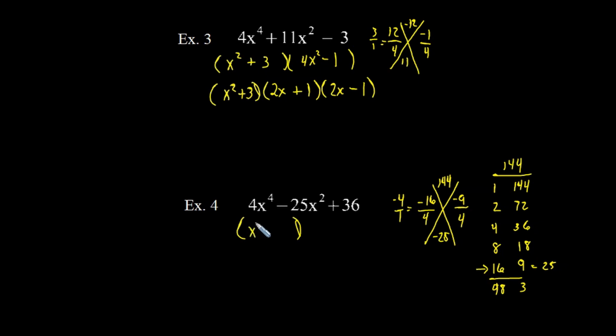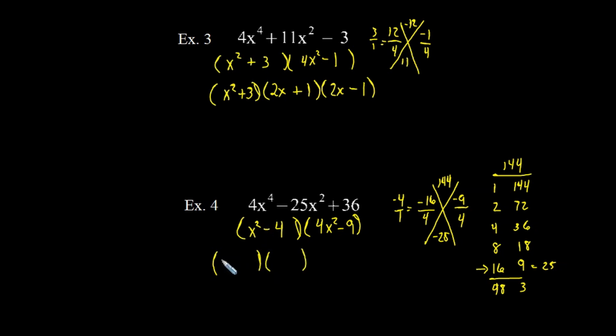We will get x squared minus 4 and 4x squared minus 9. Again, we are going to check both of these. Looks like we have both sets are going to give us difference of squares.